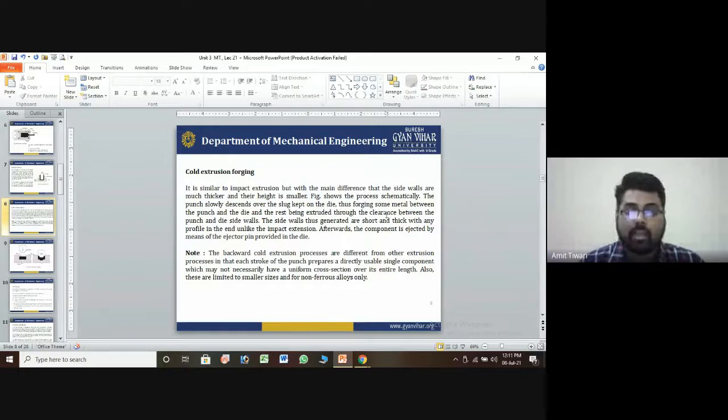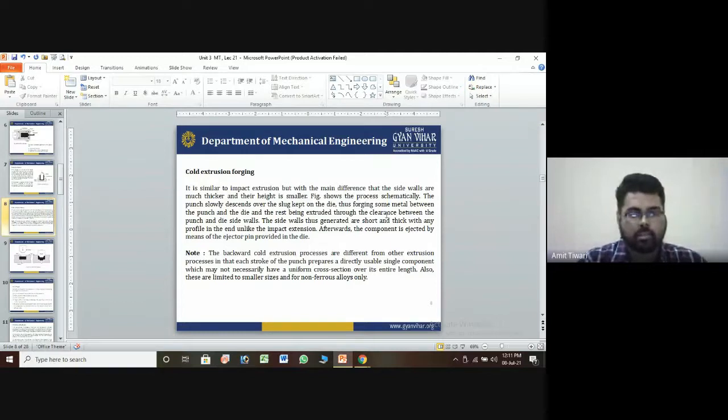As you can see in the figure, that is the process. The punch slowly descends over the circular blank on the die, forging some of the metal between the punch and the die, and the rest is extruded through the clearance between the punch and the die side wall. So the side wall is generated shorter and thicker, unlike the impact extrusion.